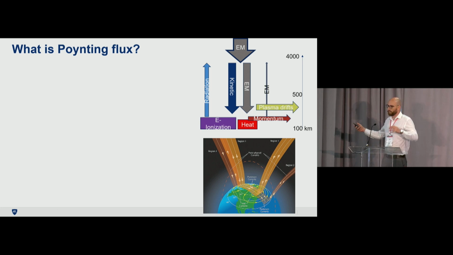You start with Poynting flux somewhere above the acceleration region. It breaks into partially kinetic, but we think more than half remains as Poynting flux, at least from DMSP. That seems to be the case. You can have drifts, you can have momentum, ionization in the E layer, and heating. And so when we look at this kind of geophysical sketch, the Poynting flux is actually coming down in between the two current regions.